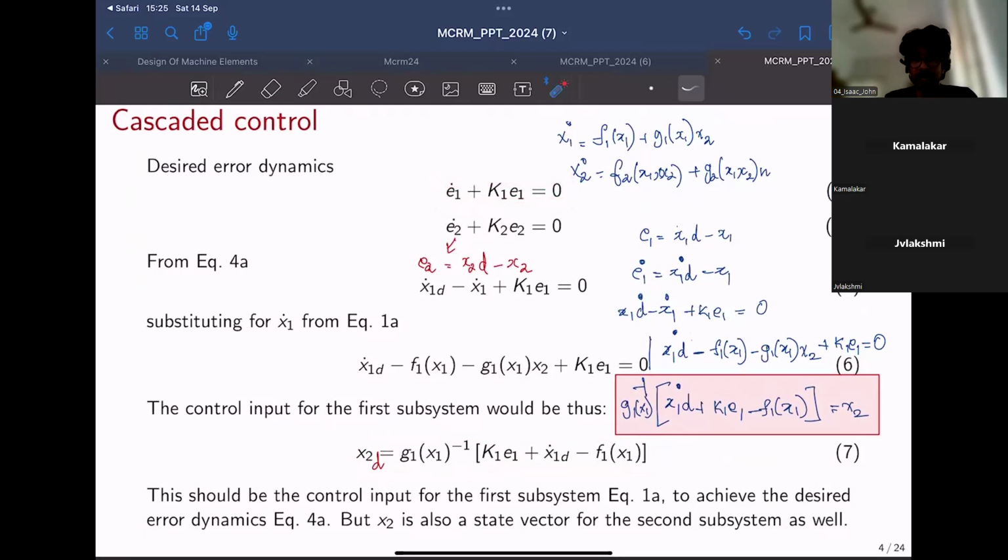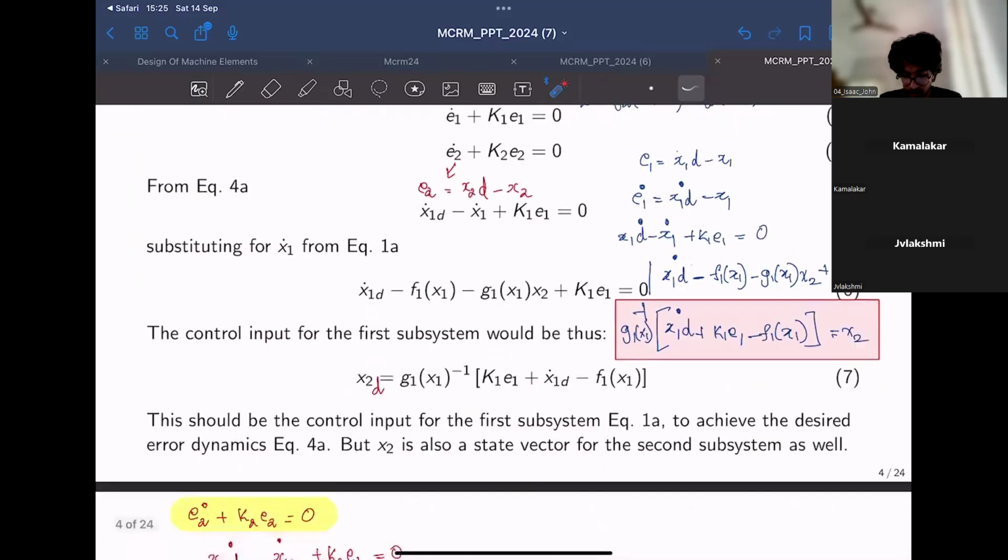That's why we call this a cascaded control method: by ensuring that this error dynamics is being followed, and using the state vector of this, we backtrack into the first system, which again makes sure that the first error dynamics is also followed. In that way, both systems tend to be asymptotically stable.